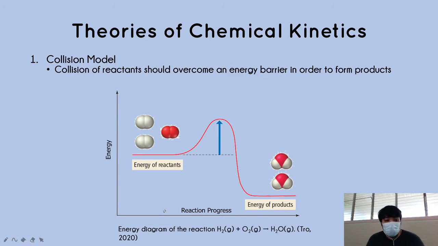Now, as I've said earlier, the collision model is derived from, or is an application of, the kinetic molecular theory. Since we involve collisions and translational motion of molecules, those molecules have kinetic energy, and when they collide, their kinetic energy should be sufficient to overcome an energy barrier for them to form products.